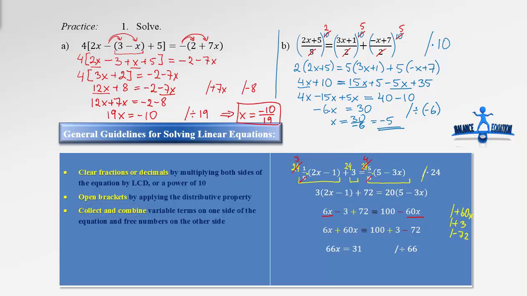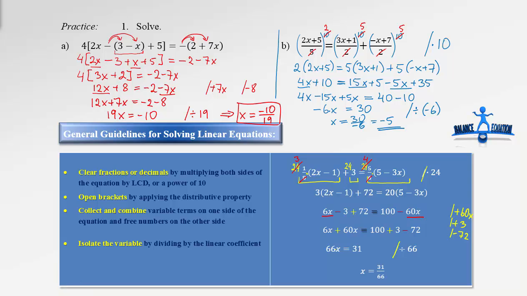The final step is to get rid of this leading coefficient 66, therefore undo the operation of multiplication, which means we're dividing both sides of the equation by 66, and the final answer turned out to be 31 over 66. So this is the step when we isolate the variable by dividing by the linear coefficient. That's the leading coefficient 66 that goes to the denominator.